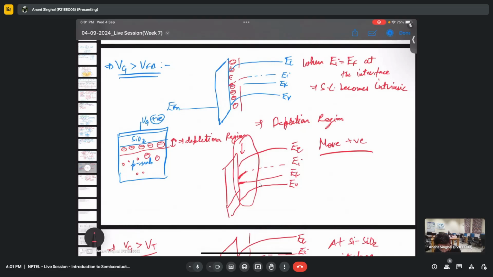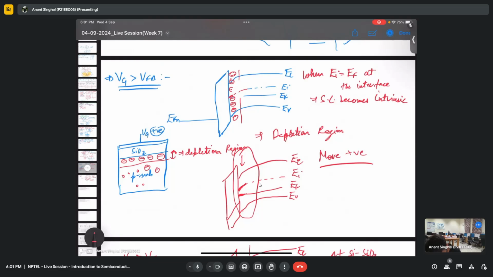Yes, sir. Yeah. So for the depletion region, you can see if I try to make it in capacitance terms, we have applied some positive voltage. We have some negative accumulation of these Na minus, and then we have a lot of holes. So can I make two different capacitors here? One is due to the oxide capacitance and one is due to this semiconductor. Can I make the capacitance like this, as a series combination? Yes, sir.